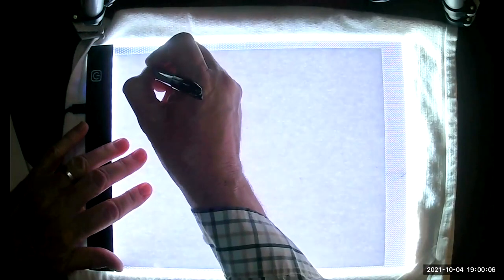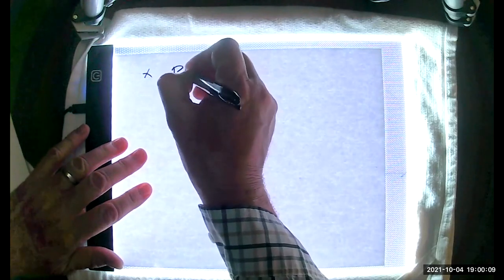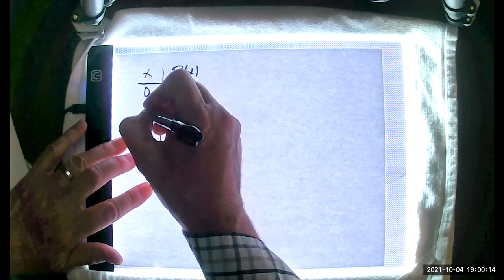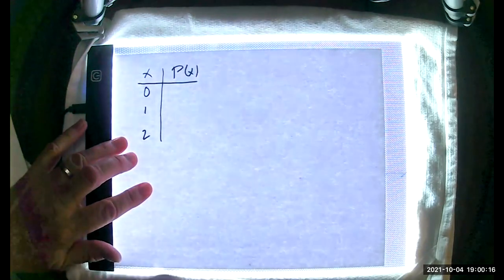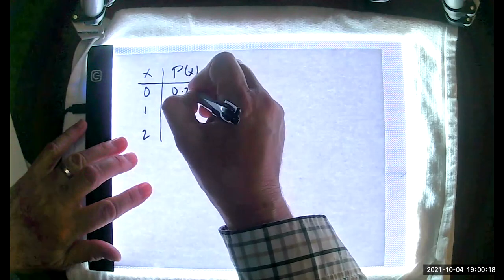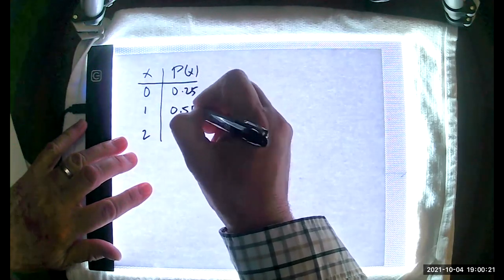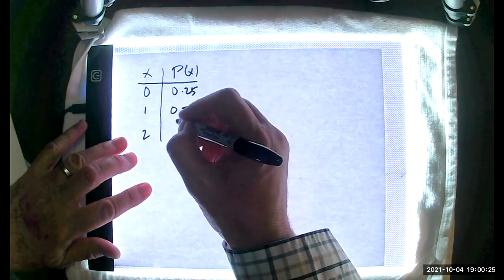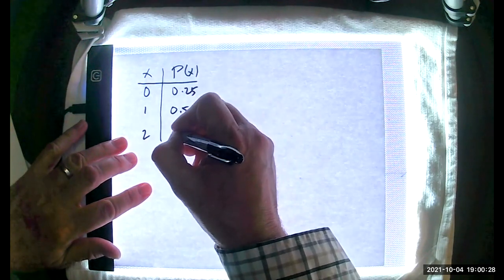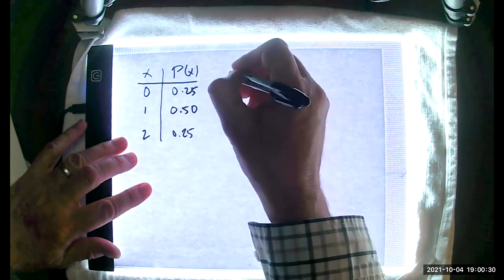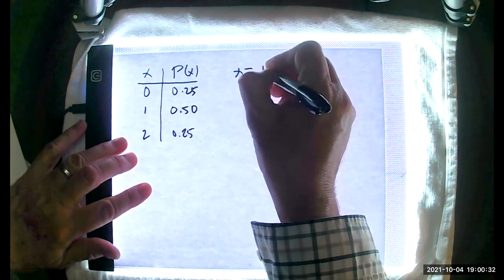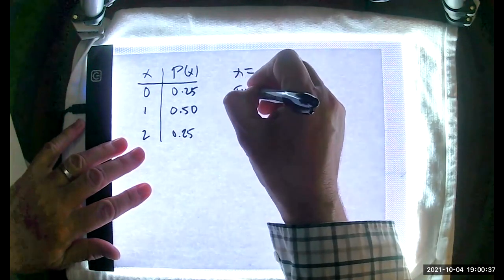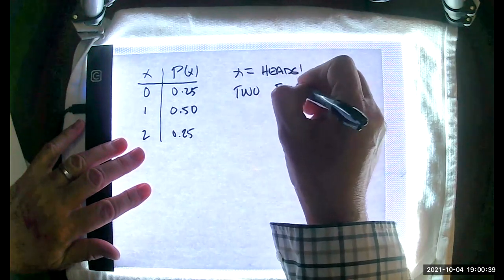But before I do that, I'm going to ask you all to go out on a mental limb and ask yourself to answer the question, well, if you're going to flip a fair coin twice, about how many heads should you see? Remember, we've got two flips.